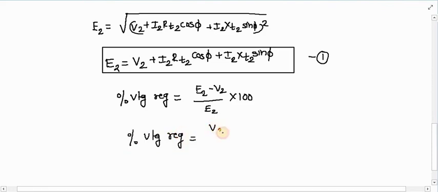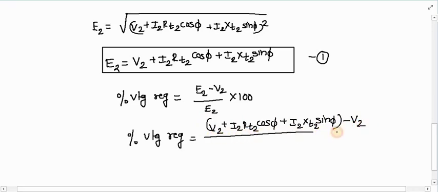Put the value of E2 here: V2 plus I2 RT2 cos of phi plus I2 XT2 sine of phi, this is your E2, minus V2 divided by E2, right, into 100.